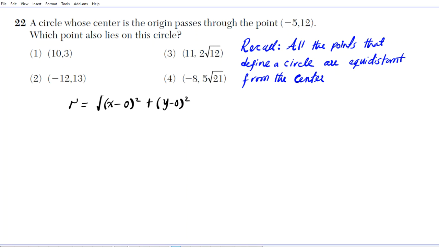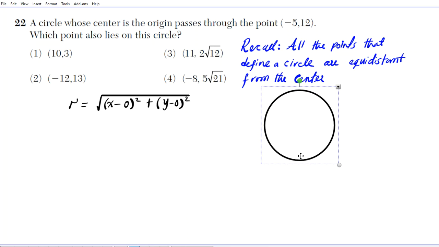So basically the distance, let me show you a sketch here. The distance from the center of a circle to a point on the circumference, that's known as r, okay?